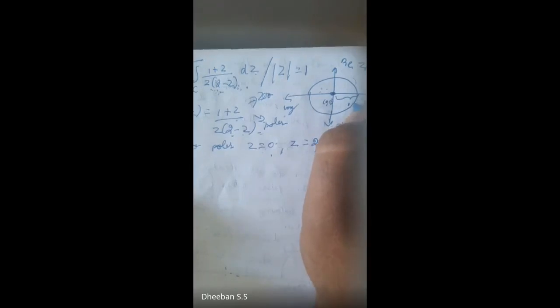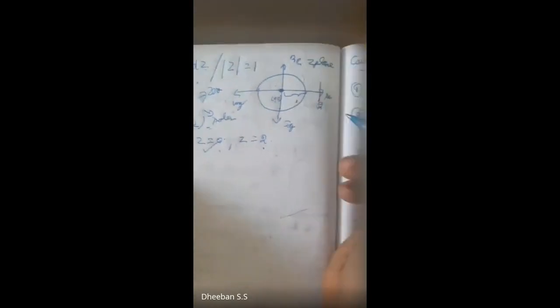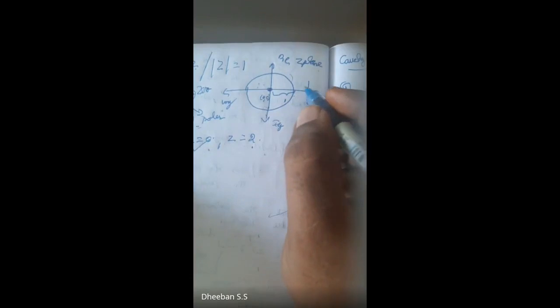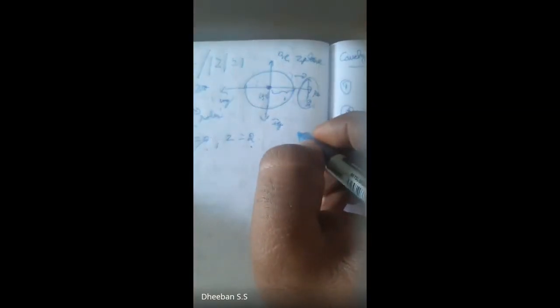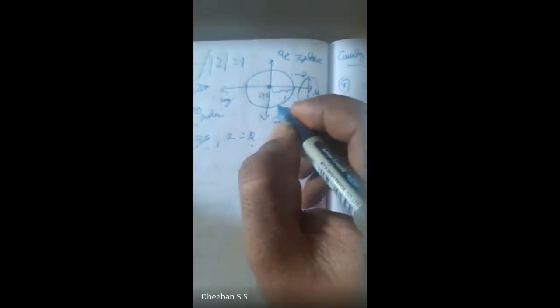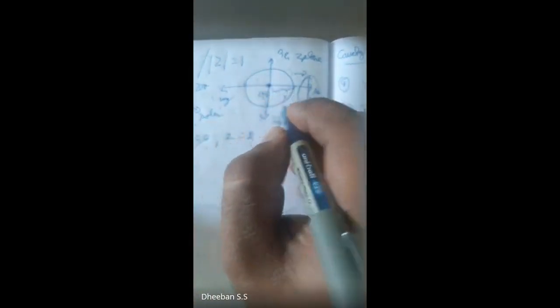But z equal to 2 goes out of the circle, so you can generally omit this value. Your value must be within this unit circle.